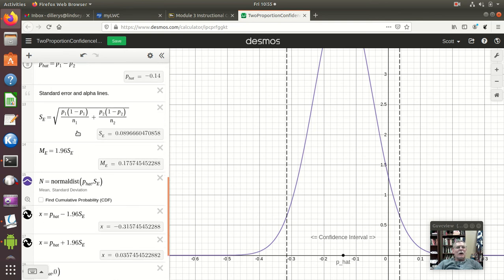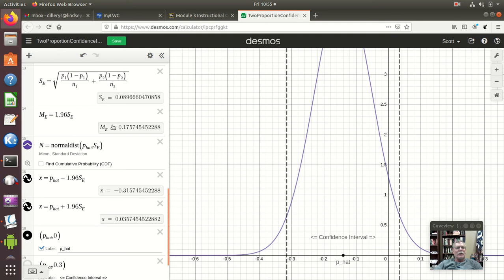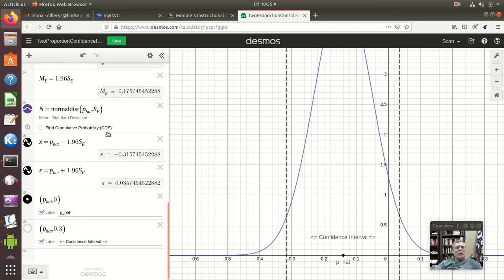Never mind. Okay, so we get a standard error of 0.08, and then when they take 1.96 times that standard error, here's our confidence interval. We can see those dotted lines making our confidence interval, and it goes from negative 0.32, I'll say, to 0.04.